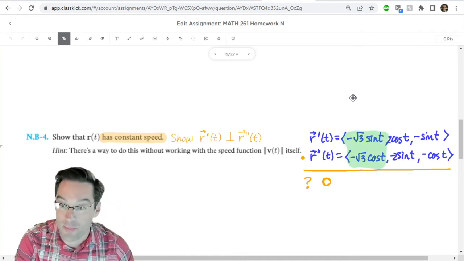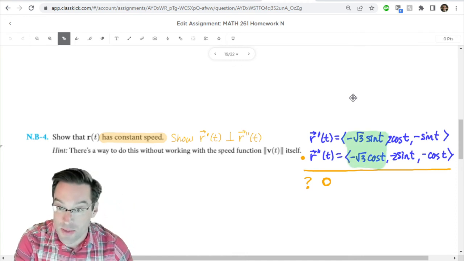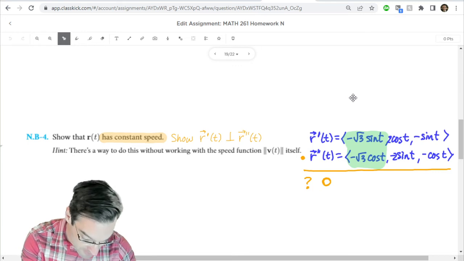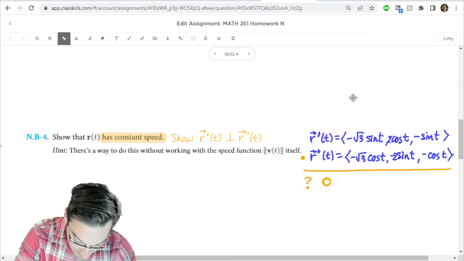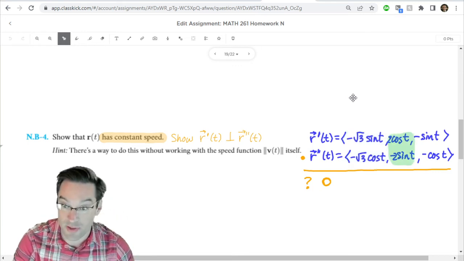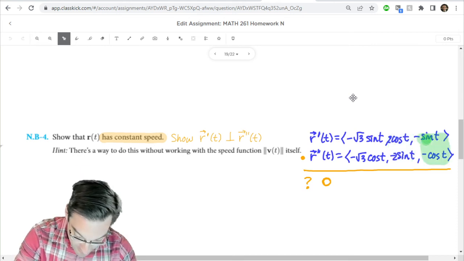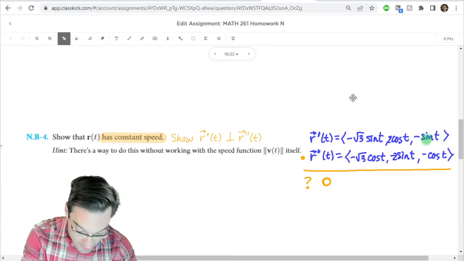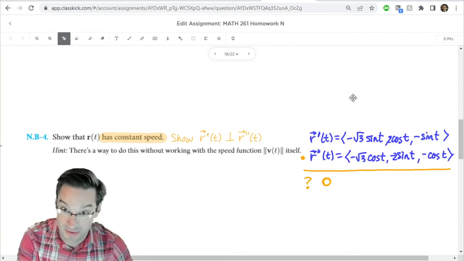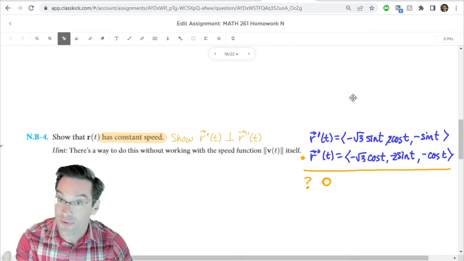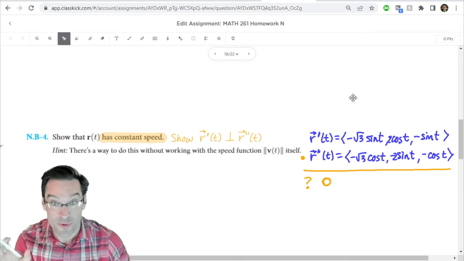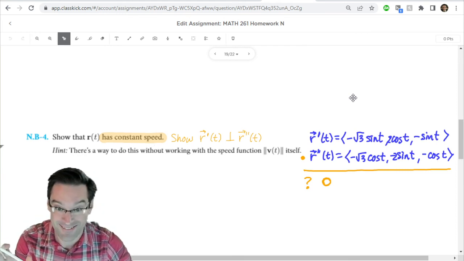When I multiply these out, I'm going to get a multiple of sine t cosine t. The same thing happens when I multiply these components, and the same thing with these components as well. So all of my terms are multiples of sine t times cosine t. I can factor out those multiples and then show that those multiples actually add up to 0.